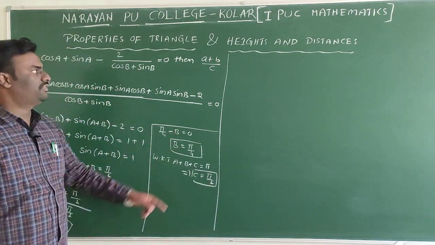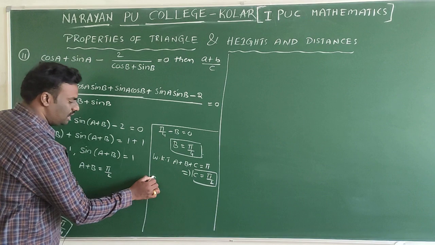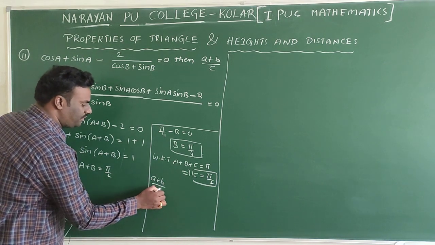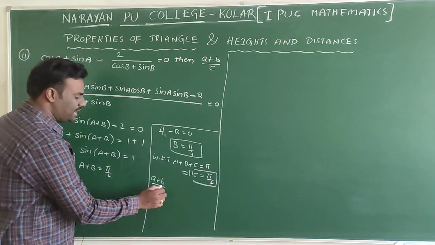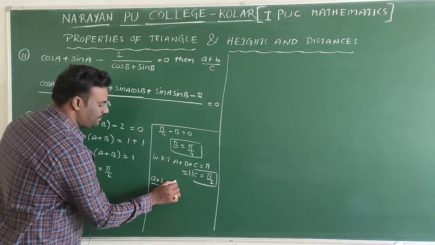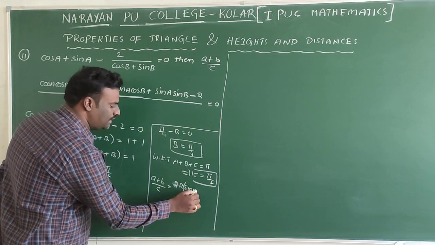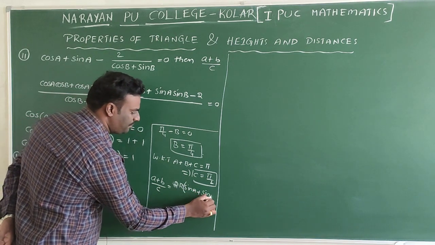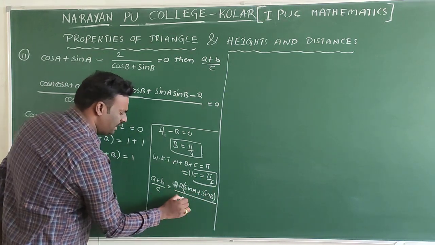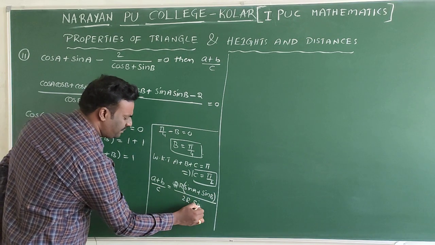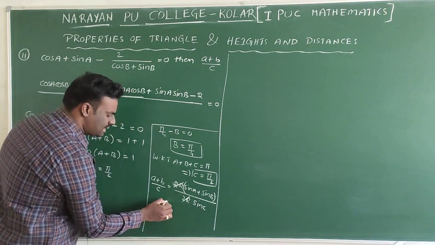Okay. But we need to find A plus B by C. If you apply sine rule, A plus B by C can be written as 2R sin A common, 2R common, plus 2R sin B by denominator 2R sin C. 2R gets cancelled.